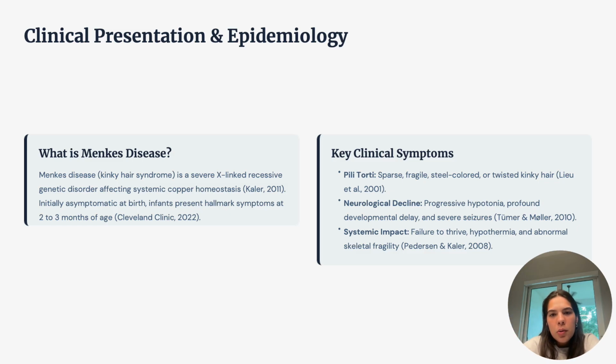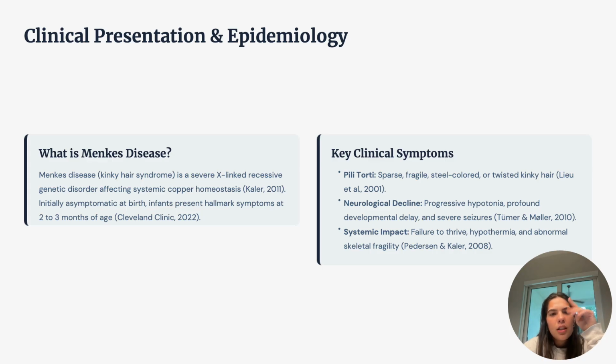This is the clinical presentation and epidemiology. Menkes disease is frequently known as kinky hair syndrome and is a severe X-linked recessive genetic disorder that profoundly affects a systemic order and copper homeostasis.